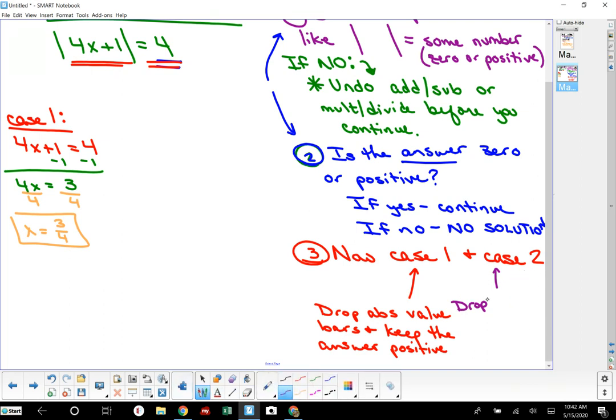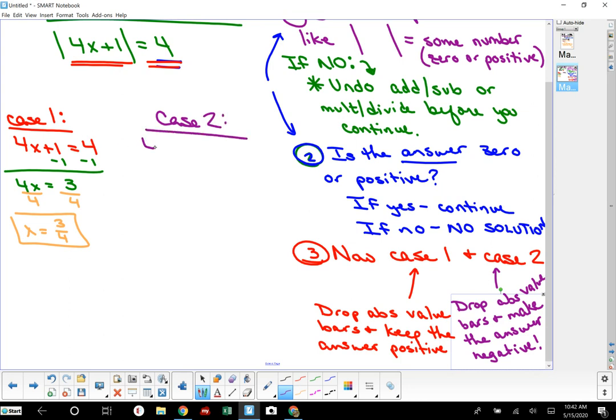So we're going to drop absolute value bars and make, not keep, make the answer negative. Here's case 2: drop the absolute value bars, but make your answer negative.